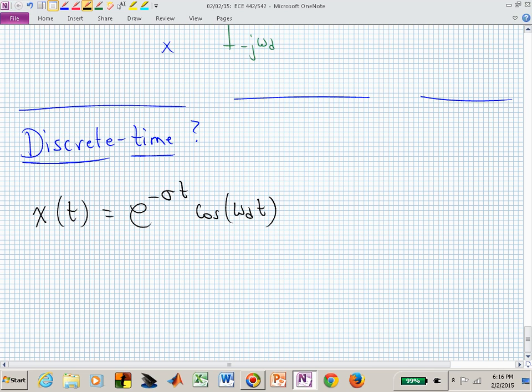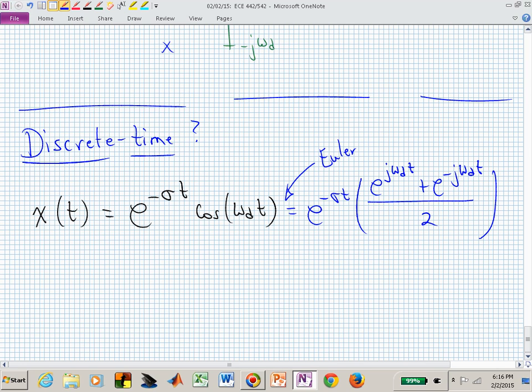And express this cosine as a combination of complex exponentials. Meaning, let's now rewrite this cosine omega sub d t as e to the j omega sub d t plus e to the minus j omega sub d t all over 2.